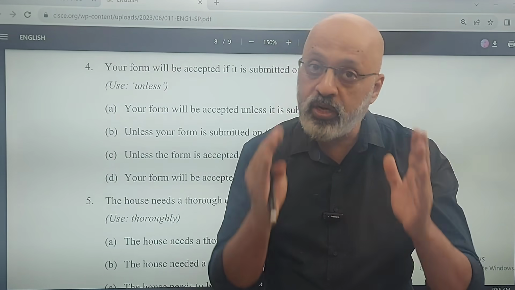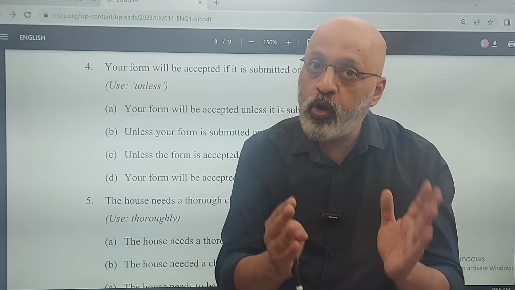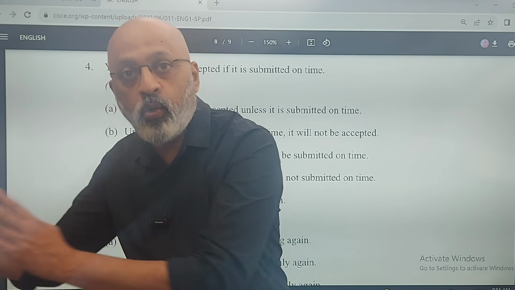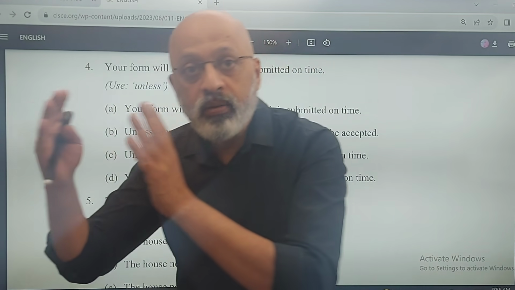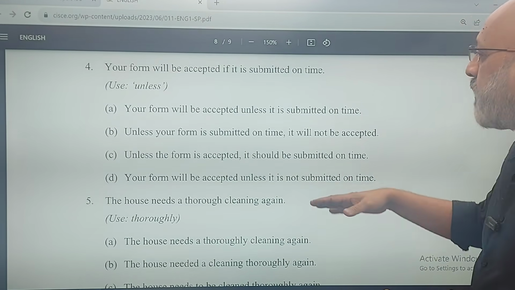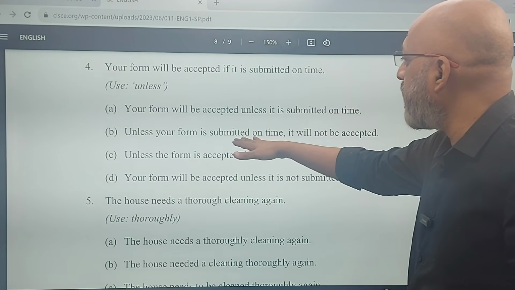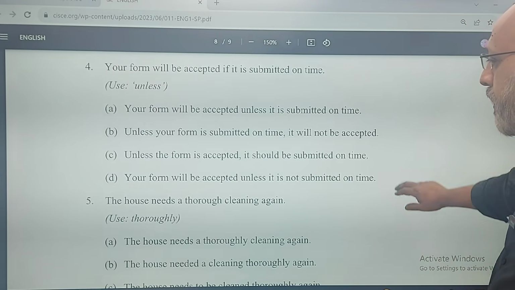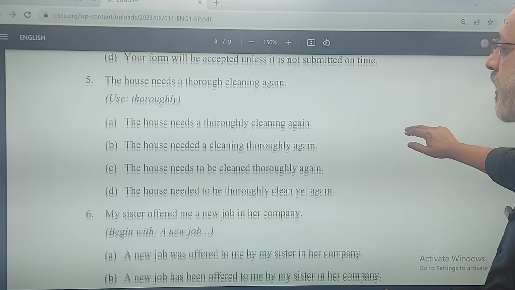So this is the condition. Only on the basis of this condition being fulfilled will this be fulfilled. So this is important in order to achieve this. So that order has to be achieved, which is why unless your form is submitted on time, it will not be accepted. Option B.